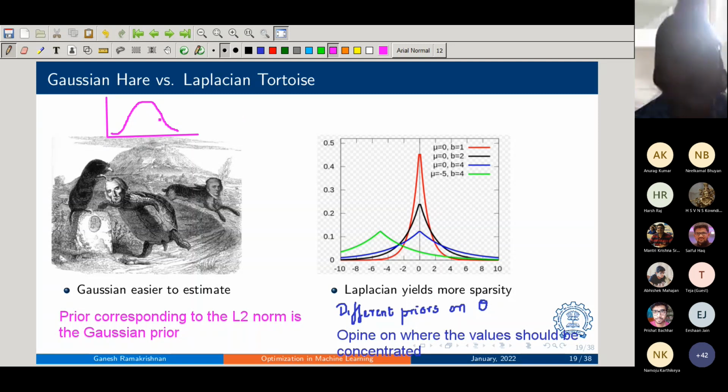Of course, it peaks at 0, but because it is concave in this region, it's possible that points fall off very quickly. Whereas here it's sharp and peaked, convex before and convex after the Laplace. So there are multiple ways we can understand how the sparsity happens.